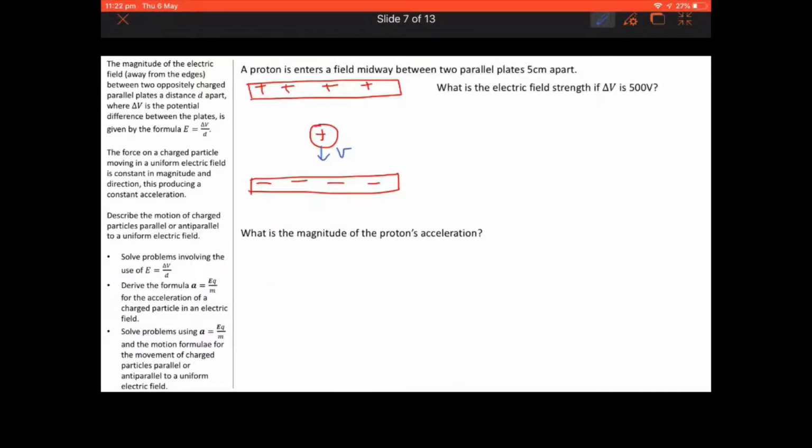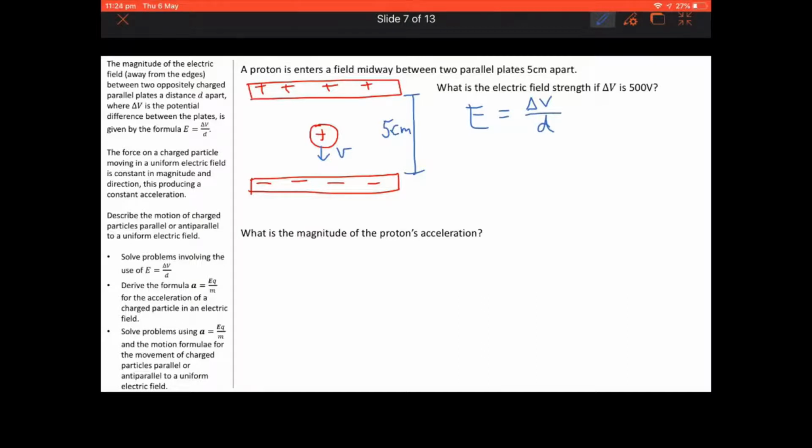So we've got a proton entering a field midway between two parallel plates, and the parallel plates are 5 centimetres apart. What is the electric field strength if the potential difference is 500 volts? To find this, we use our electric field strength equation, which is E equals potential difference over the distance between the two plates.